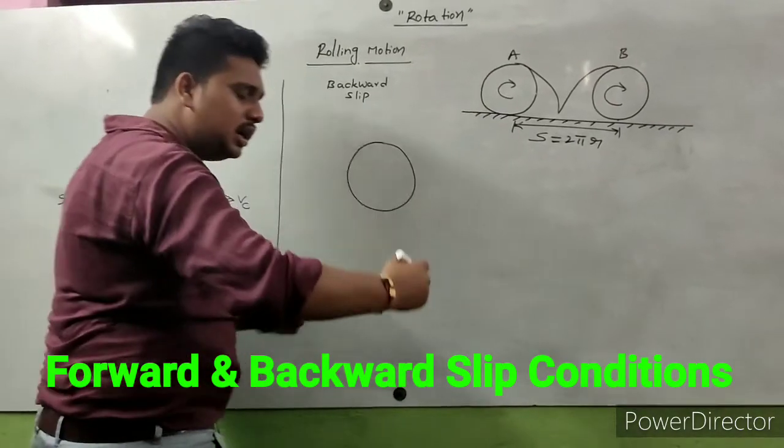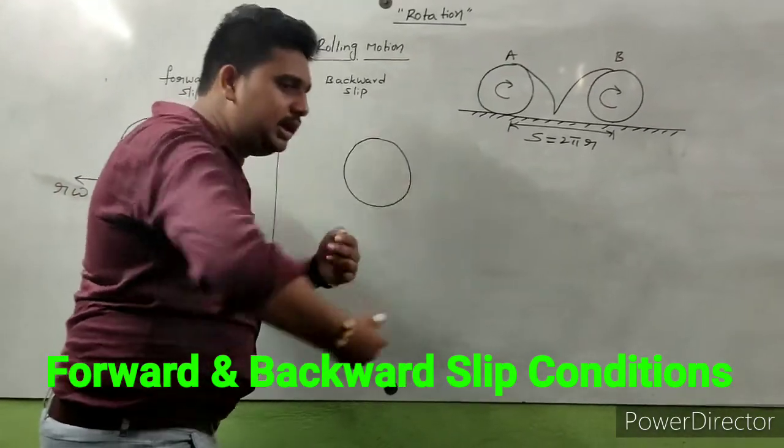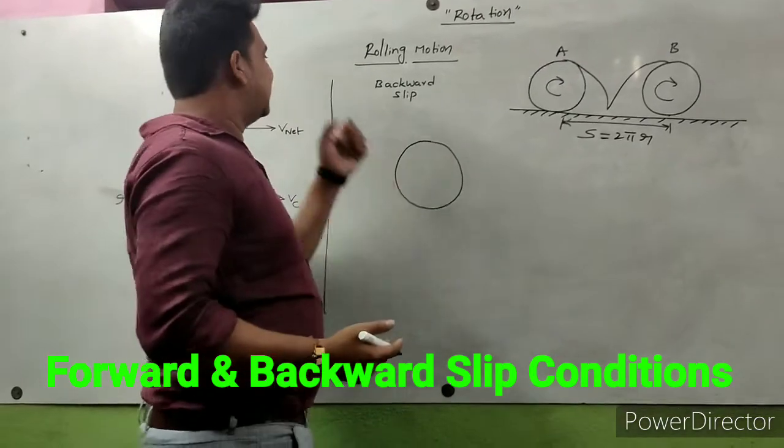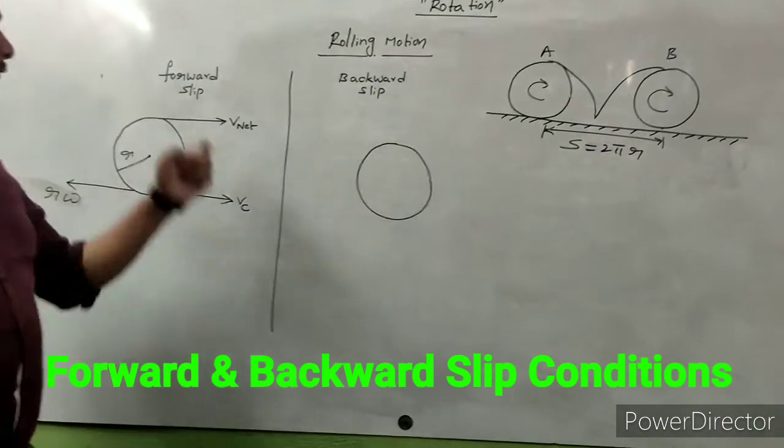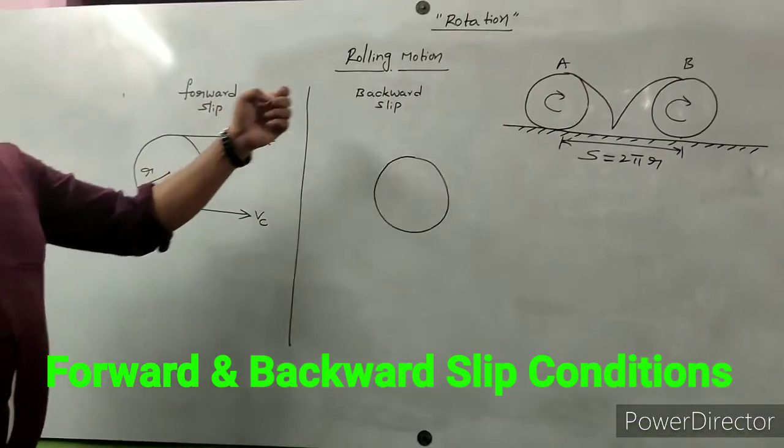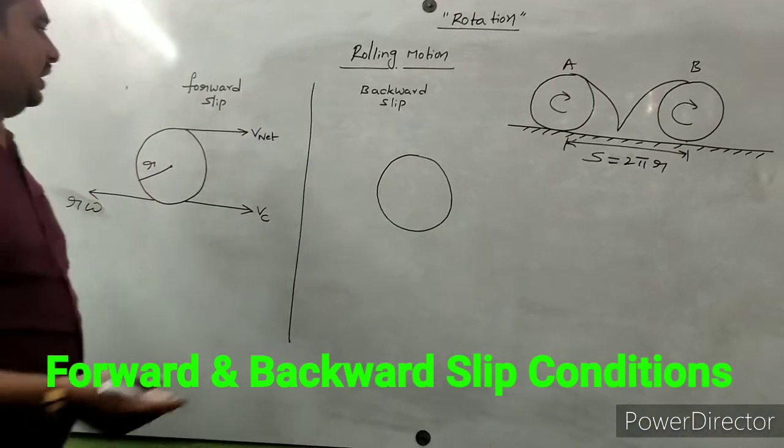While a body moves on the ground, sometimes forward slip takes place, sometimes backward slip takes place. When forward slip takes place and when backward slip takes place, I'll explain now.